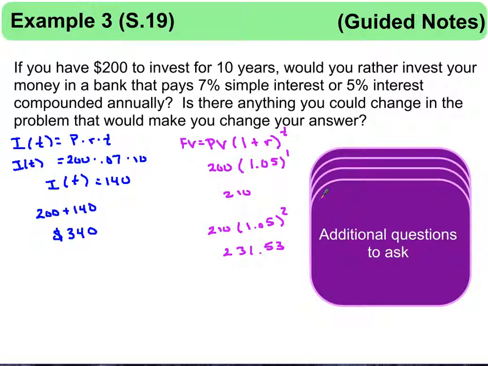And so you would continue and work on in that thought process. And so ultimately, as we work on and get our answer, we would get $325.78.